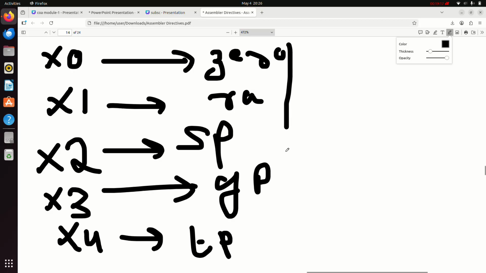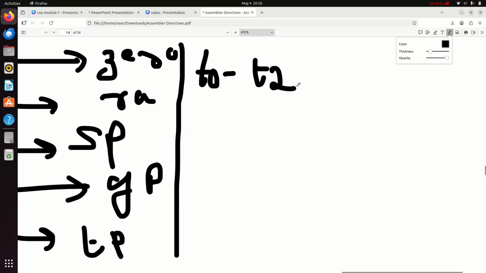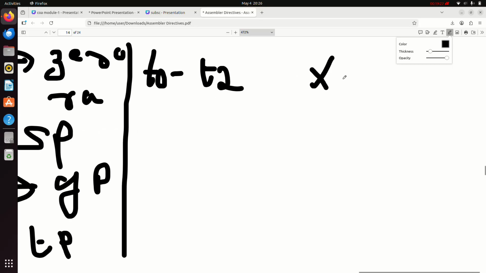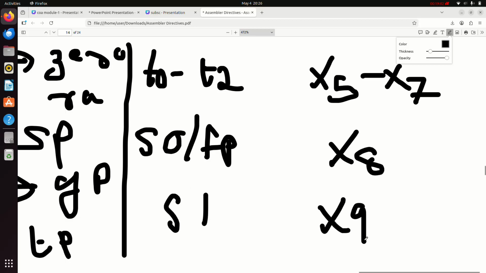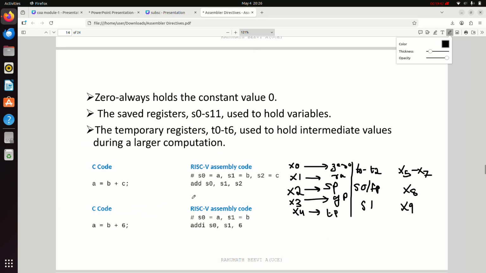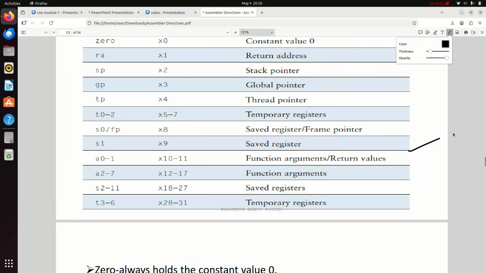Then temporary registers T0 to T2, which contain three: x5 to x7. Then one saved register or frame pointer came, that is S0, x8. Then another saved register S1 came, which is x9. This we have learned till x9.